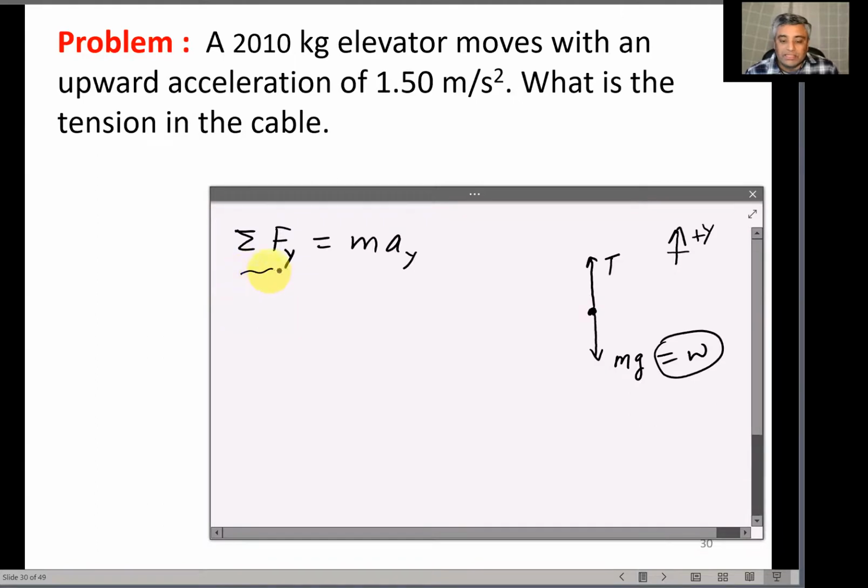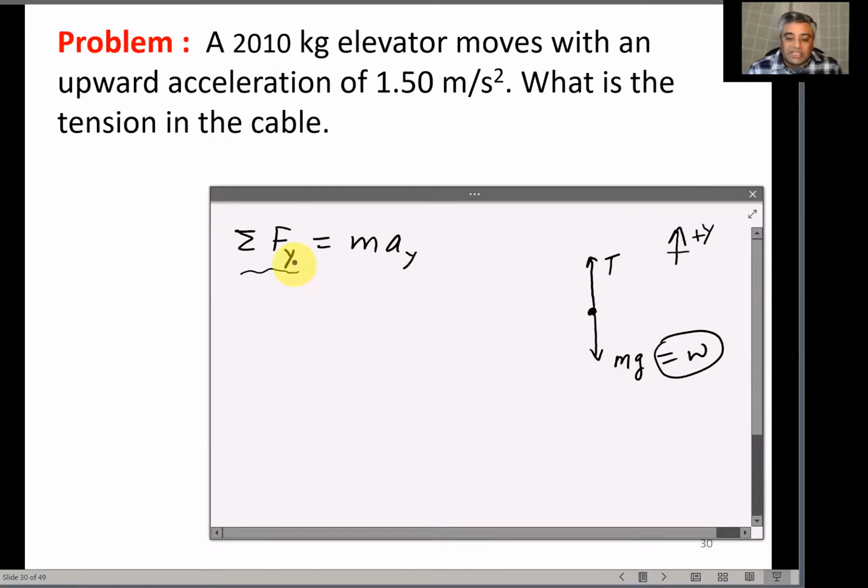Read that as the sum of forces in the y direction. We figured there are two forces acting in the y direction: one is tension, another one is weight, or mg. Force is a vector. The positive sign and negative sign in front of it tell us about the direction, so we cannot miss that.